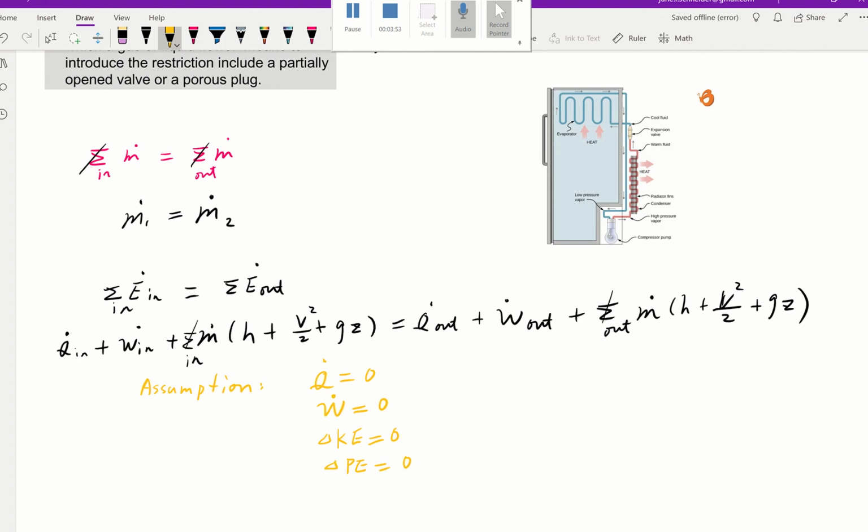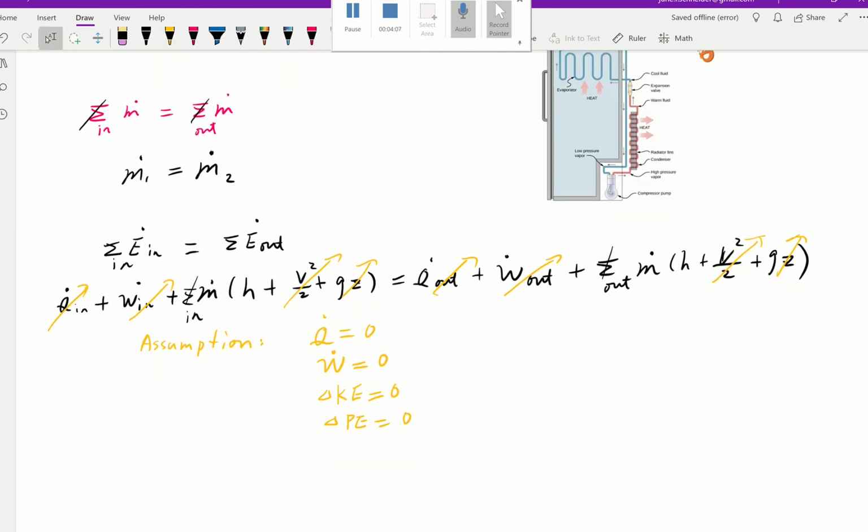So let's get rid of the heat transfer. There's no work in and out. Also, there's no kinetic energy change and no potential energy change. Let's find out what's left. We have the mass flow rate m1 dot times h1, the inlet enthalpy, equal to the right hand side, which has the mass flow rate leaving and the enthalpy at the exit.